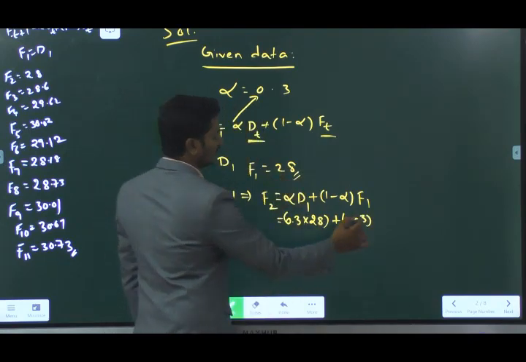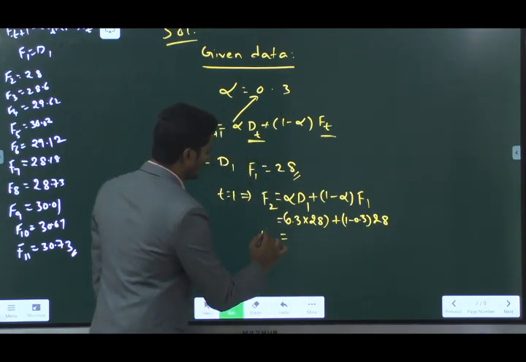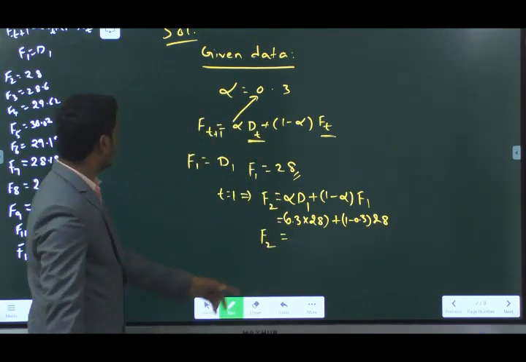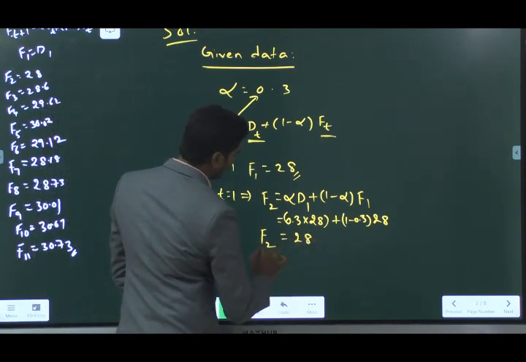F1 is 28, since we assumed F1 equal to D1. After calculating this, we get F2 equal to 28.